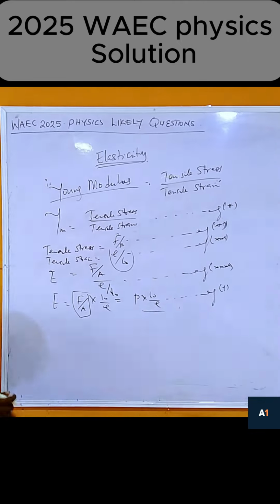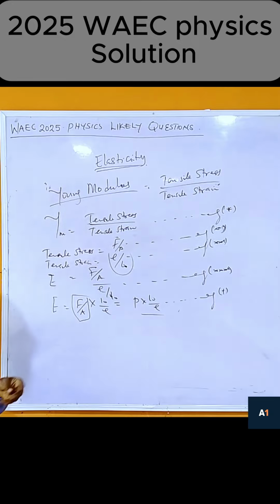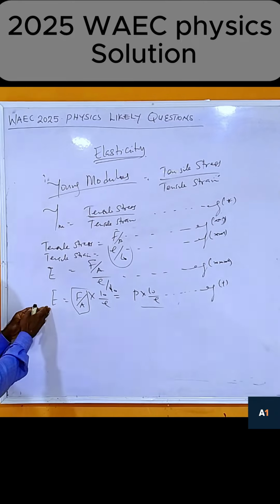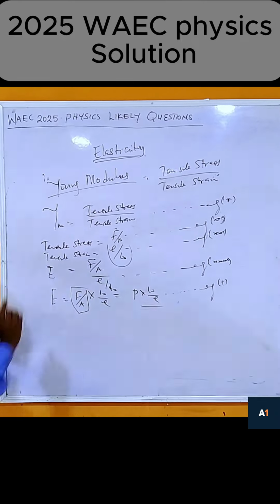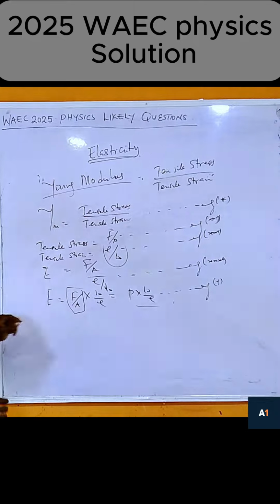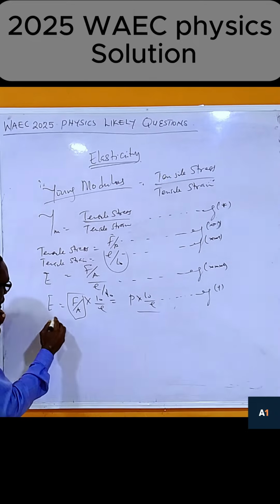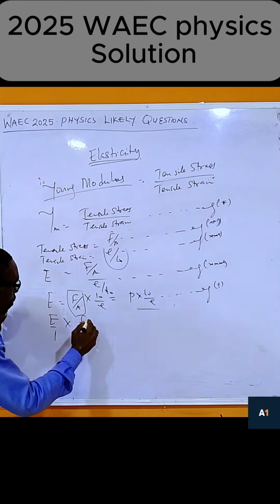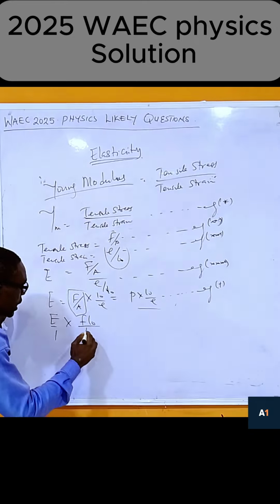So in case you are asked to make F the subject of formula, in case they gave you Young modulus and other parameters and you are asked to find the force, you make this force the subject of formula. We can say E over 1 cross multiply F and L naught over A e.